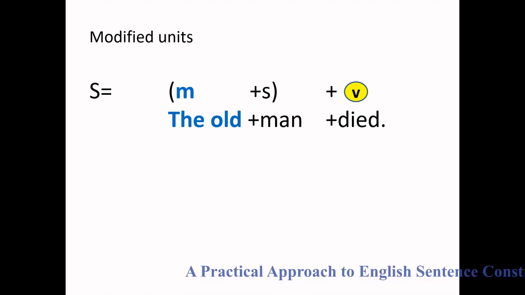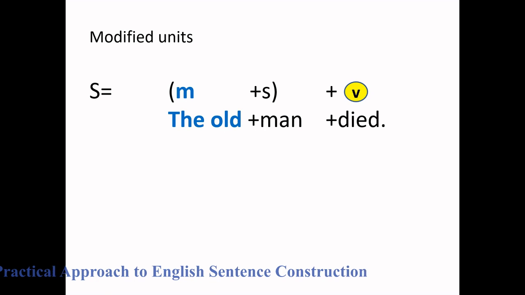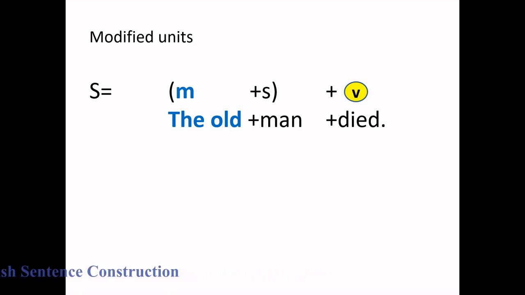Modified units means single units which are modified and seen in simple sentence structures. Like for example, M the adjective and Y the adverb. So there are two different symbols used to distinguish adjective from adverb. Adjectives describe nouns and adverbs describe verbs.